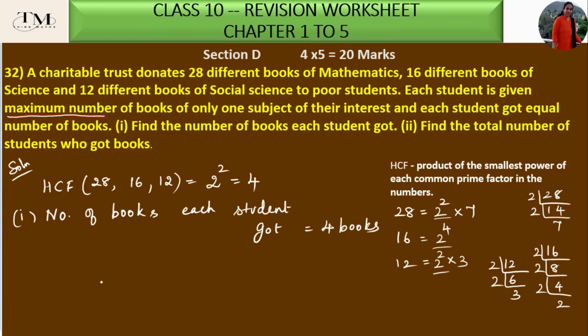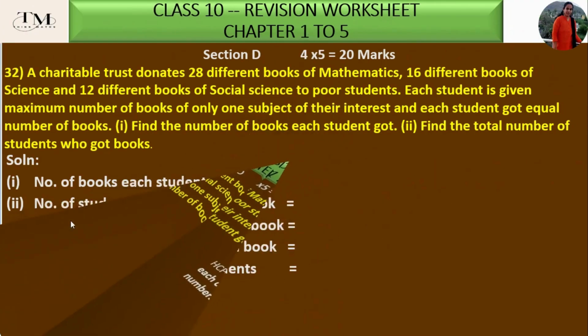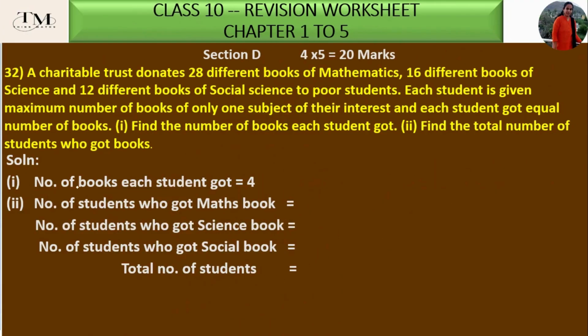Now we have to find the total number of students who got books. For that we have to find the number of students who got maths books, science books and social books. So till now we got the number of books each student got is 4.